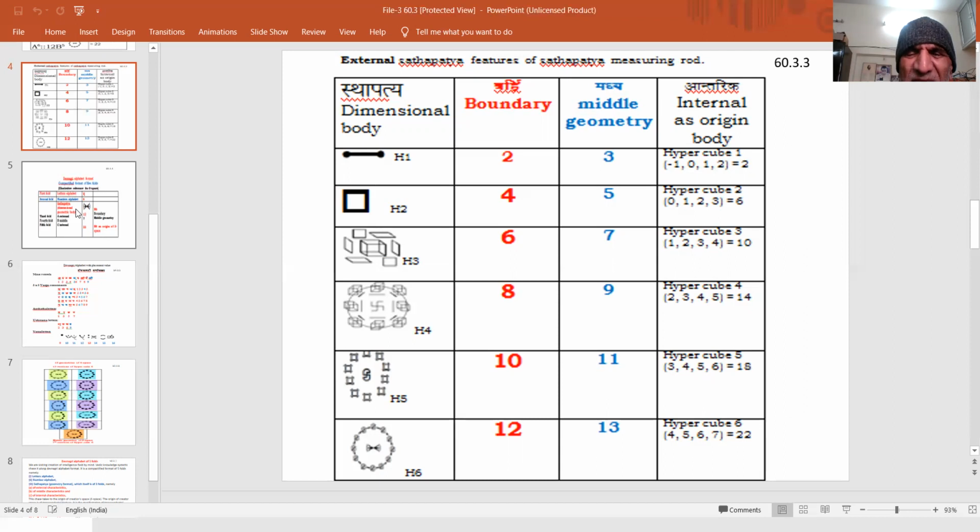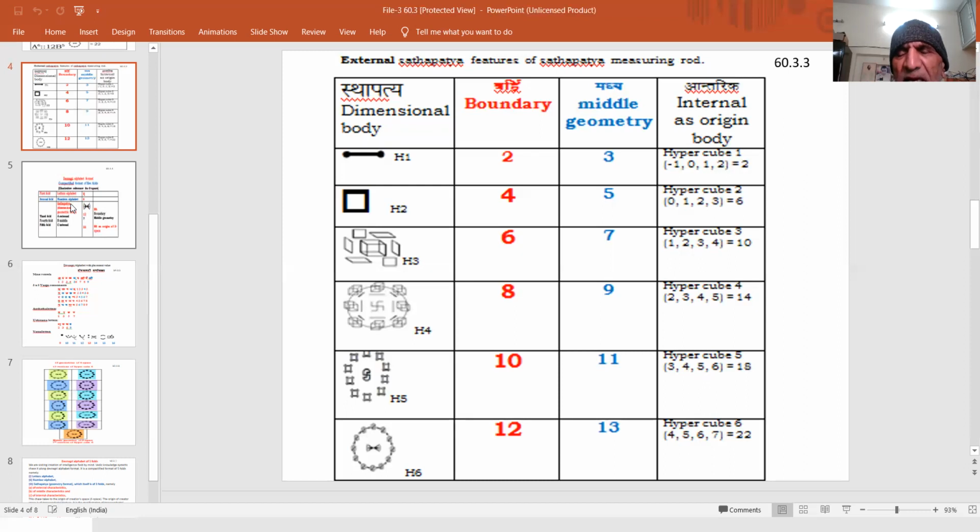Like that, we shall be parallel with the tabulation of triple distinctive features as external features, as middle geometry features, and as internal origin body features of these 6 distinctive bodies, hypercubes 1 to hypercube 6.